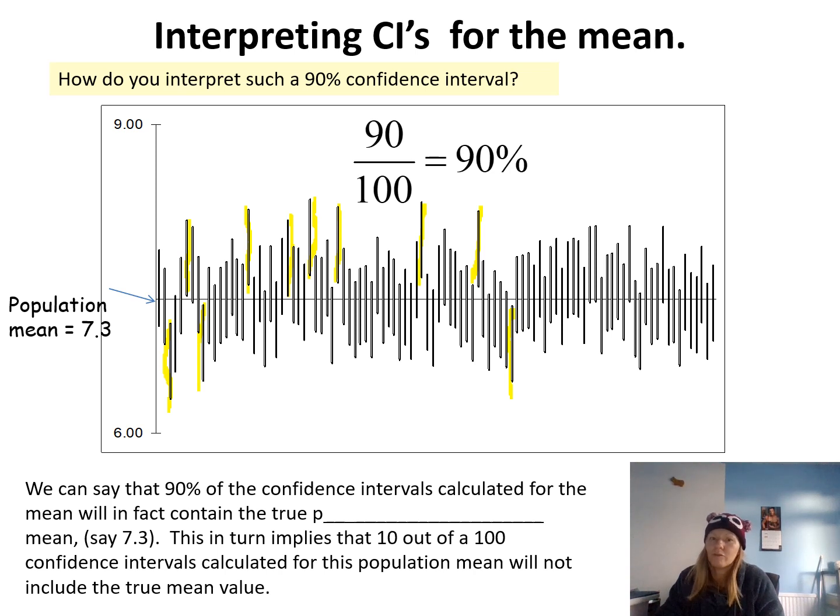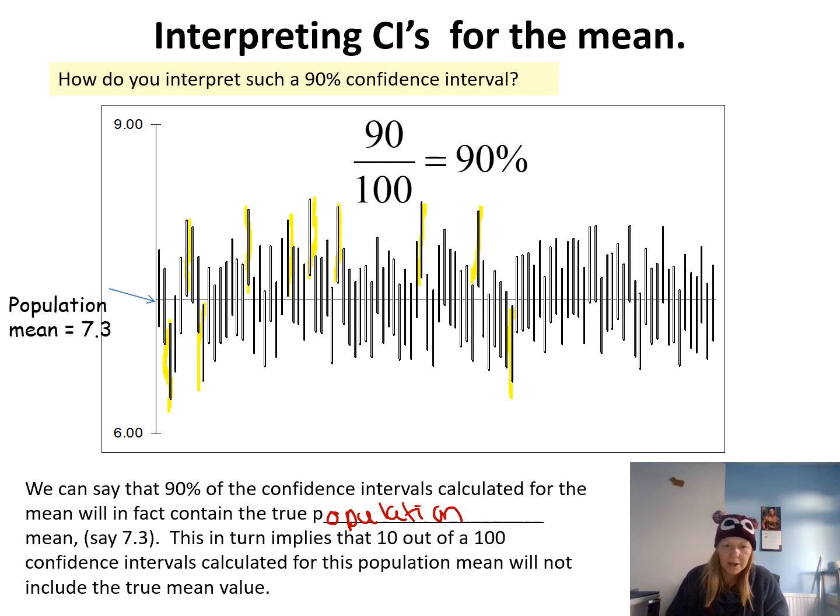So not 100% reliable, only 90%. So what can we say? We can say that 90% of the confidence intervals calculated for the mean will in fact contain the true population mean, which is 7.3 in this case.